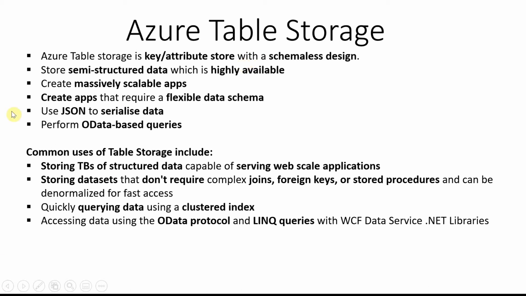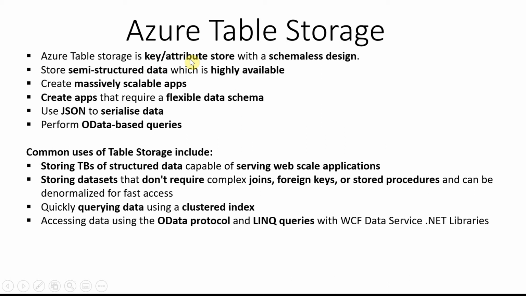So Azure Table Storage is for NoSQL. When you say NoSQL, we're generally talking about the key attribute category. So it is a key attribute category of store available with schemaless design. When you say key attribute, the key can be a string, but the attribute can be anything.